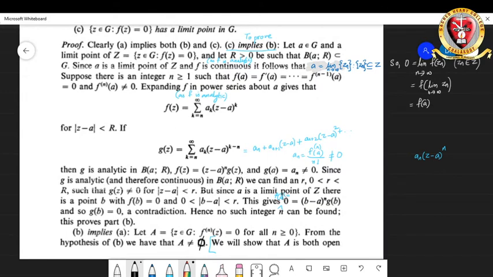So here no such integer n can be taken, where this nth derivative of f at a is not equal to 0, and that leads to our theorem.